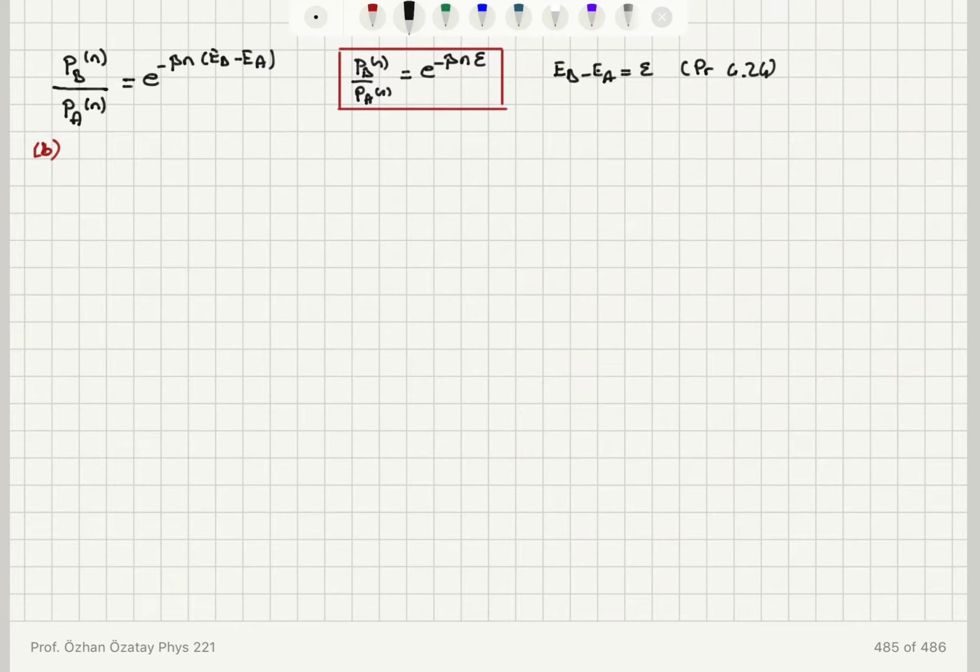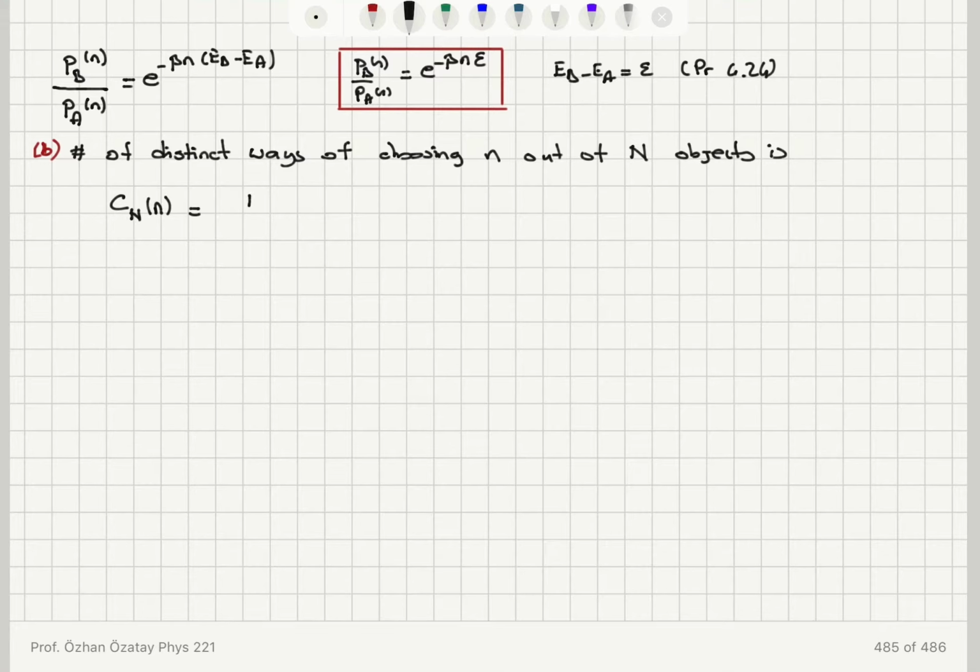Well, we know the answer for this one. The number of distinct ways of choosing n objects out of capital N objects is given by combinations of capital N objects taken n at a time, that is capital N factorial over capital N minus n factorial, n factorial.